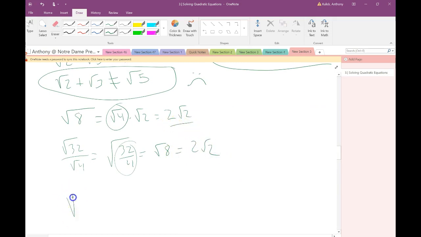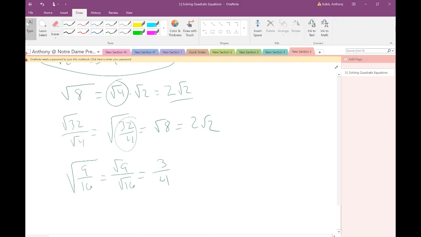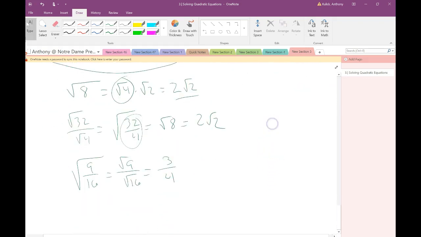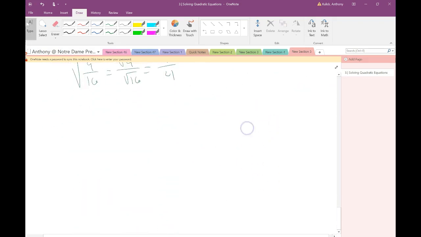Or if you have something like the square root of 9 over the square root of 16, we can break the square root up and have the square root at the top and the bottom, and then we can take each one of these square roots separately. So it just provides me a nice little framework on how to simplify expressions with radicals in them.